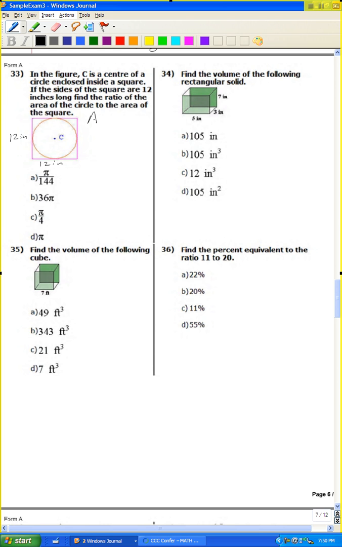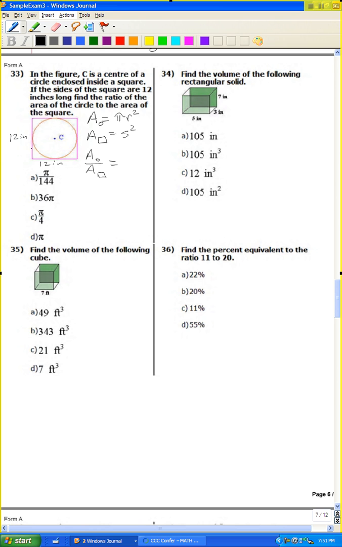Well, the area of a circle of radius r is pi r squared. The area of a square is just the length of each side squared. And so I want to find the ratio of the area of the circle to the area of the square.